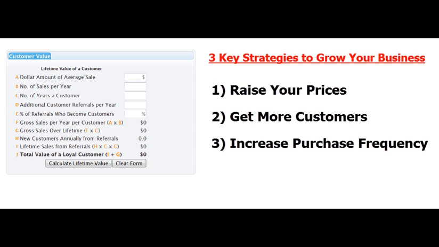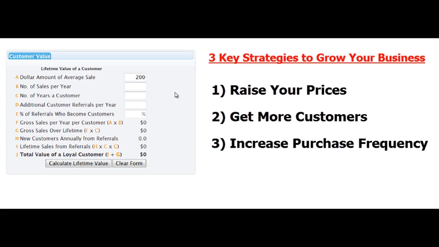So let's say that this printing company on average makes about $200 per customer every time that customer spends money with them, ordering business cards and flyers and folders and brochures and letterhead, forms, all of those different types of things. Of course, there are going to be customers that only spend $30 and get 100 business cards. And of course, there are going to be customers that spend on average $1,000 or $2,000 per order. But let's say conservatively that on average across all customers, each customer spends $200 per order.